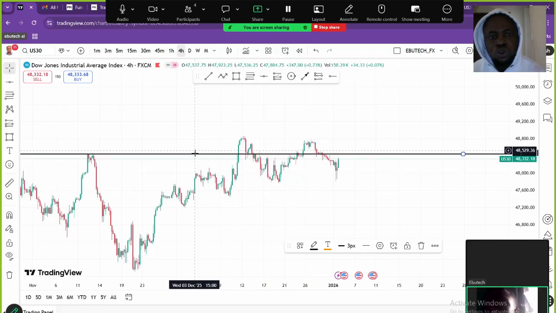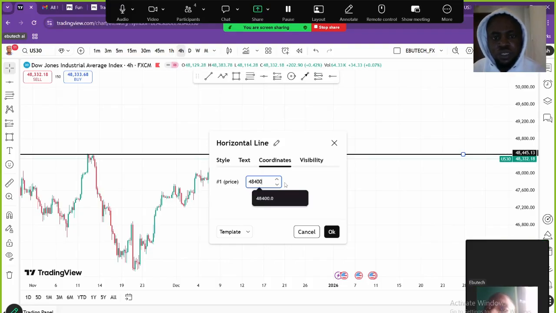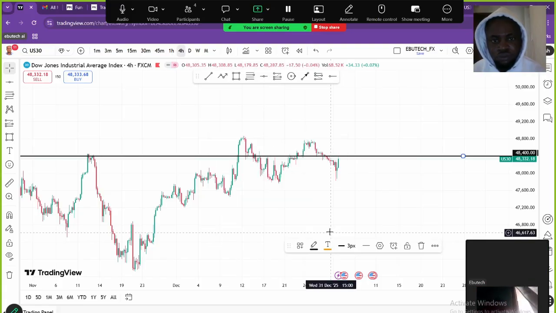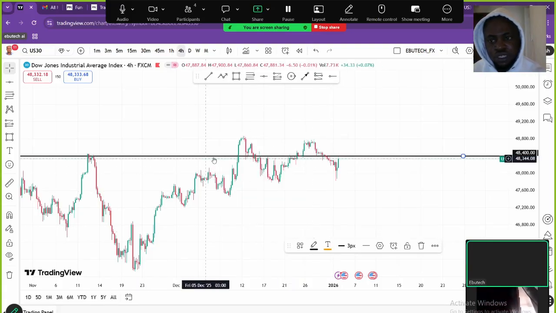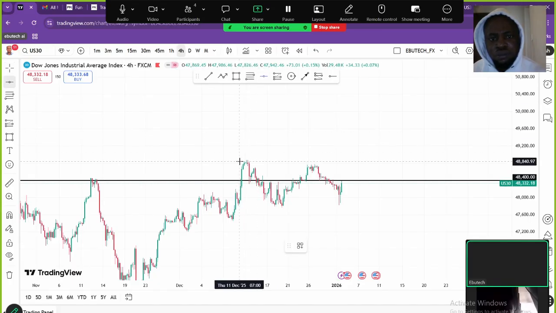So we use this to identify the level. Like this is 48,400. Now, if we want to mark out another horizontal line, what are we going to be looking at? 48,500.